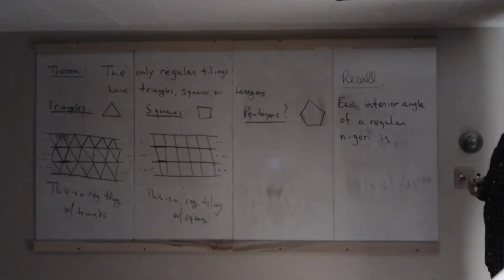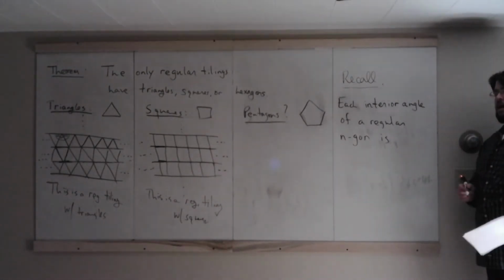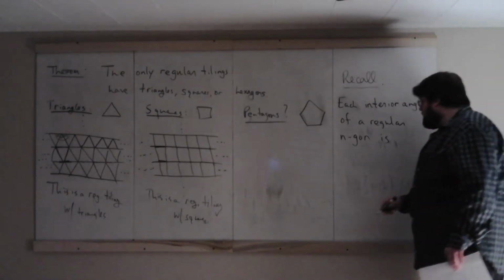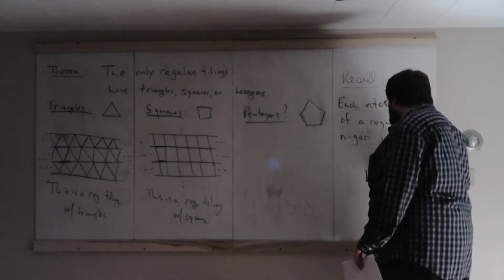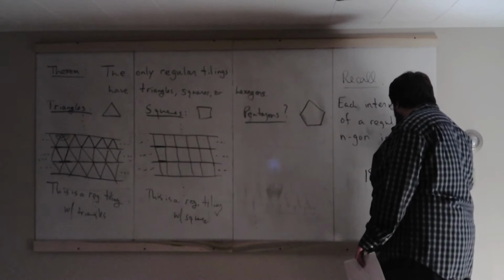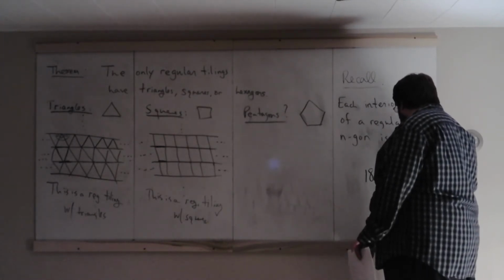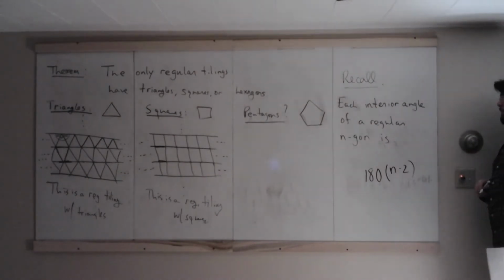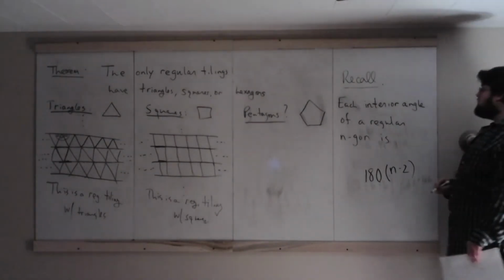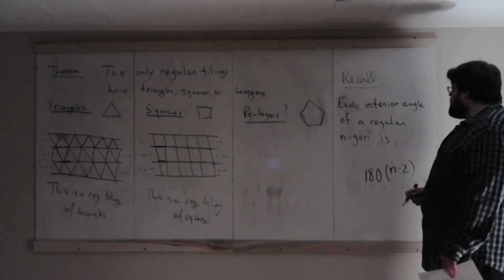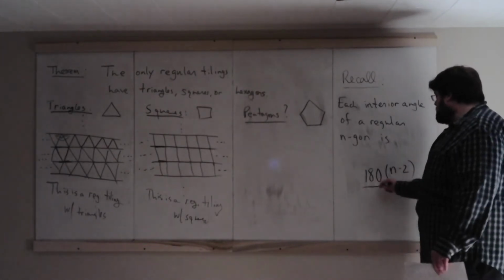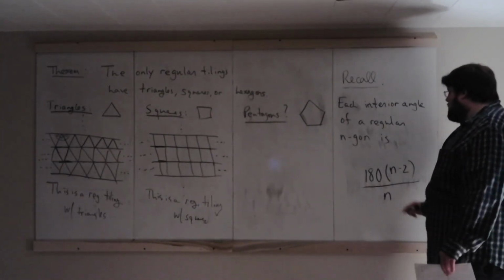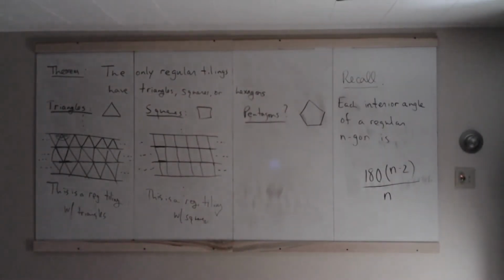Well, in a regular n-gon, all of the interior angles are the same. So if the total number of degrees in an n-gon is 180 times n minus 2, there are n angles, so each interior angle of a regular n-gon is the total number of degrees divided by the number of angles.